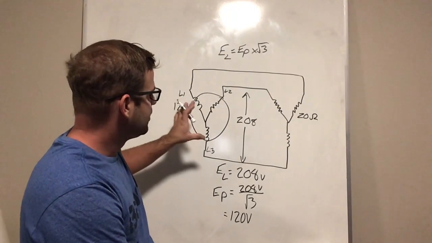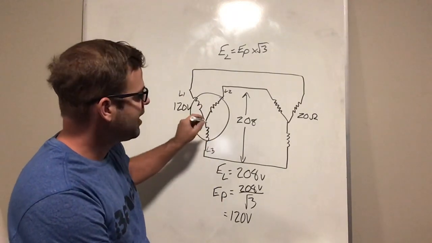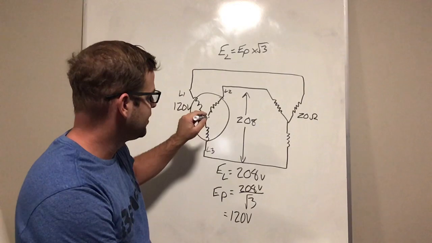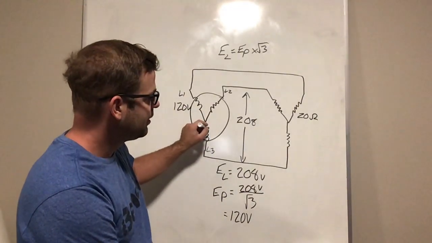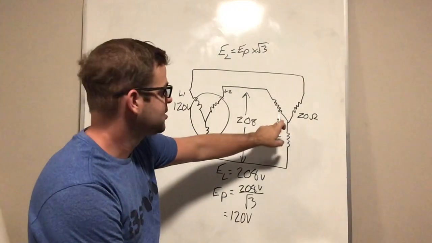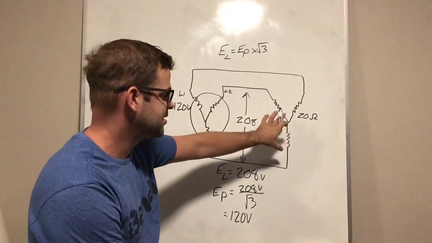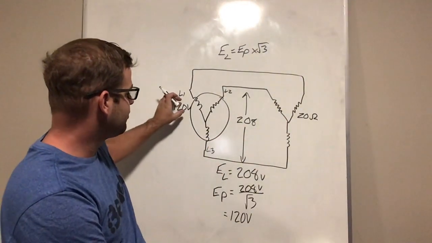And when you're looking at three-phase distribution systems, if I have a supply that is in Y, that means that our load, if it's in Y, is also going to be 120 volts. So I'm at 120 volts here.